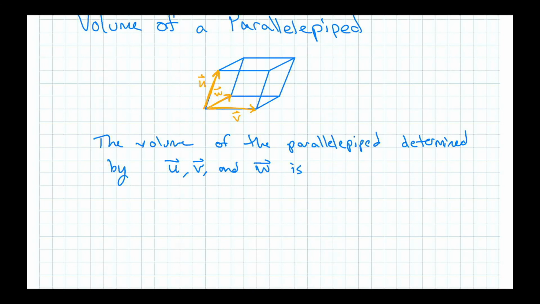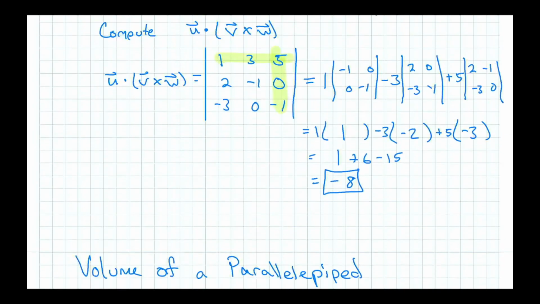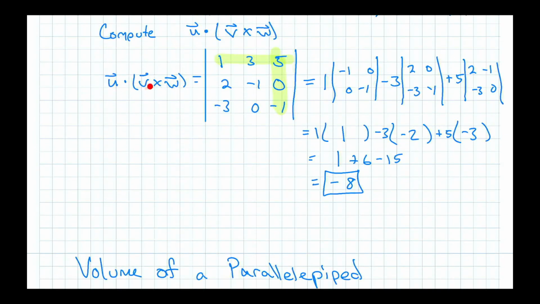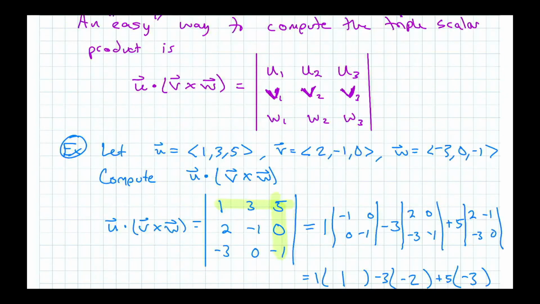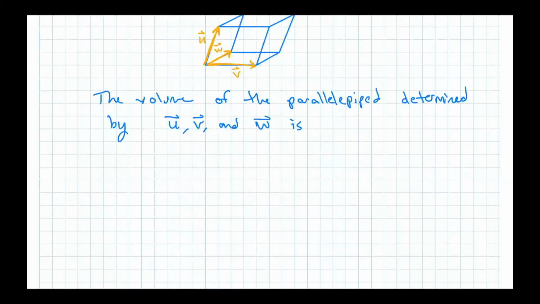It's the absolute value of the triple scalar product, because if you go back up here, like we just saw, the result of a triple scalar product might be negative, and the volume of something is not negative. You also know that switching the order of v and w changes the sign. So rather than worrying about putting these in the right order to get a positive number, we can just take the absolute value and that'll be the right answer. So the volume of the parallelepiped determined by u, v, and w is the absolute value of the triple scalar product.